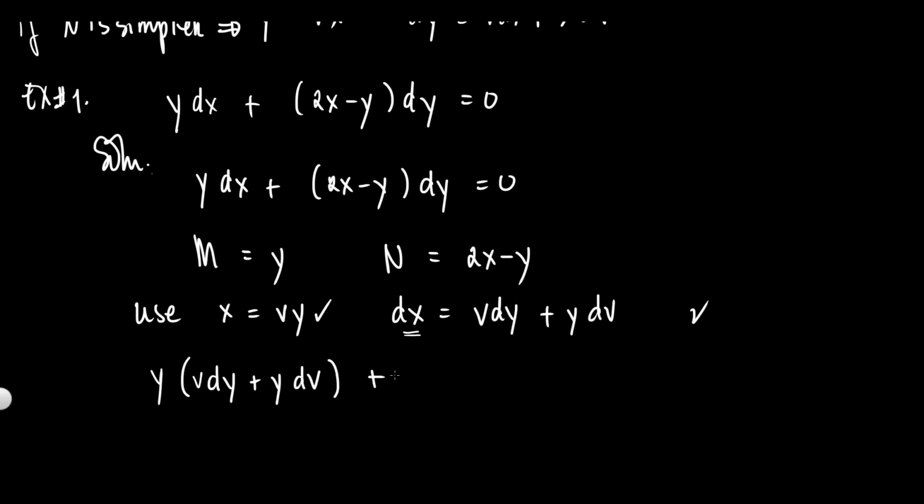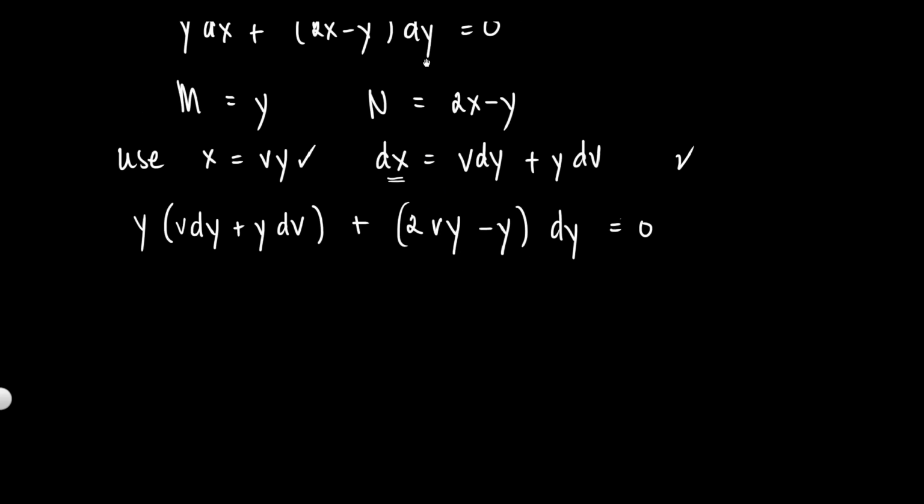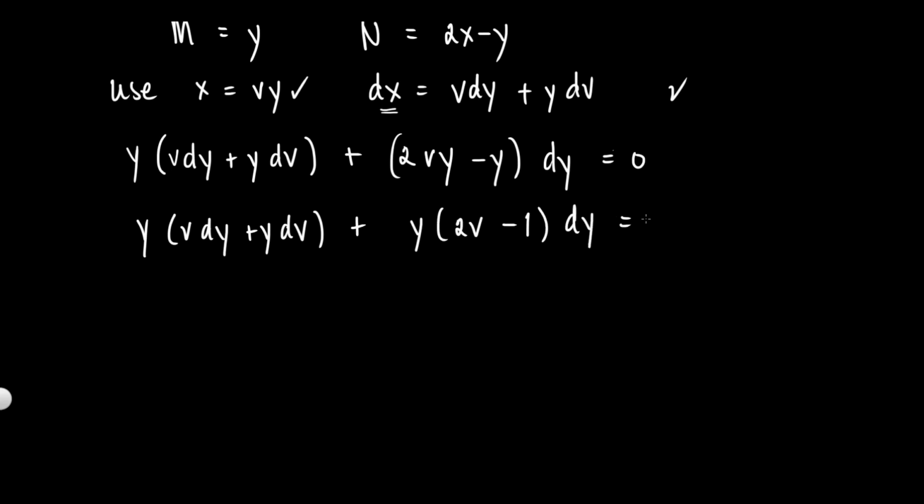Then, plus 2 times x, what is x? x is vy, so 2vy minus y dy equals 0. Nasusundan? Now, factor out natin yung y doon sa second term: y times v dy plus y dv plus y times 2v minus 1 dy equals 0.